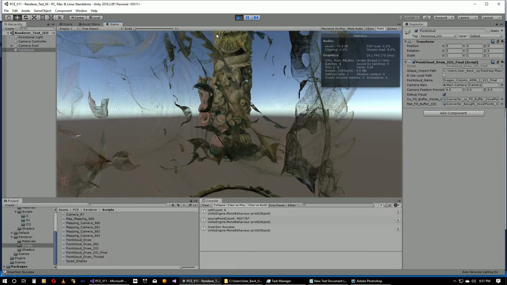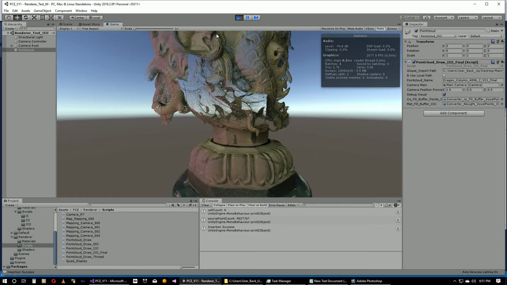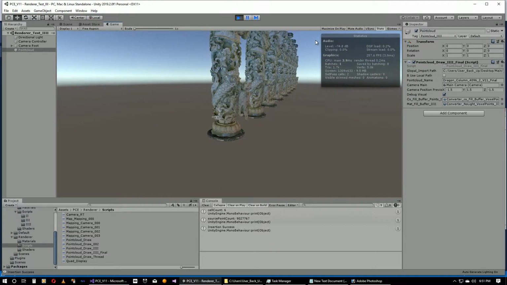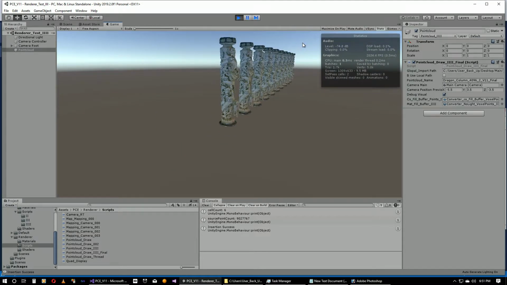Now you may say, oh gee, that's just instancing. Yes it is, but for every point that's rendered on the screen there is an index, and those indexes are referencing that point cloud stored in memory. So if that point cloud was 100 million points, it would still have the same results.